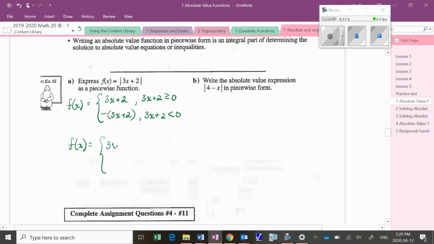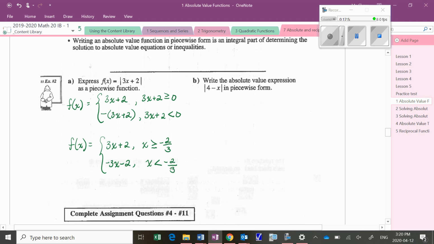So again, it looks like 3x plus 2. We clean this up, so subtract 2, divide by 3, so x is greater than or equal to -2/3. And then same thing here, we can leave it as negative times 3x plus 2, or if you want, -3x minus 2, and that occurs again when x is less than -2/3.